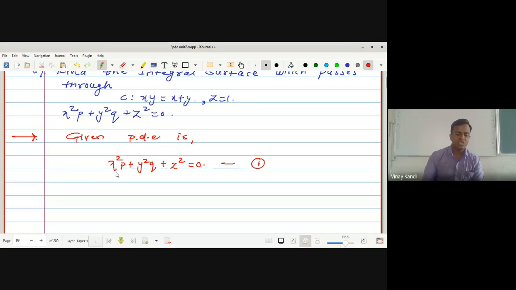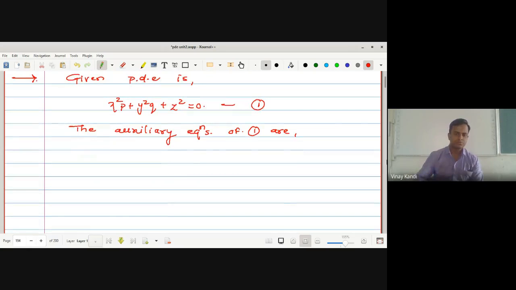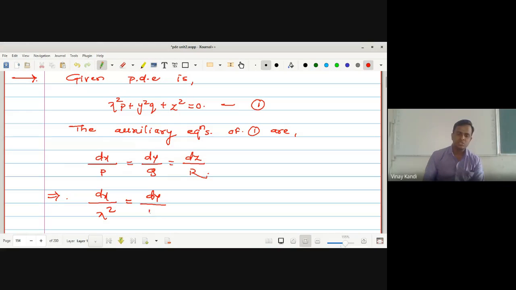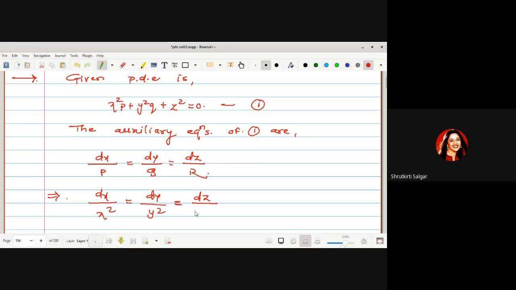Now the auxiliary equations of equation 1 are dx upon capital P, dy upon capital Q, and dz upon capital R. So dx upon x square is equal to dy upon y square is equal to dz upon minus z square.